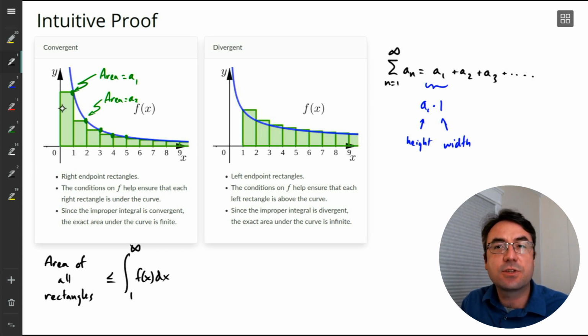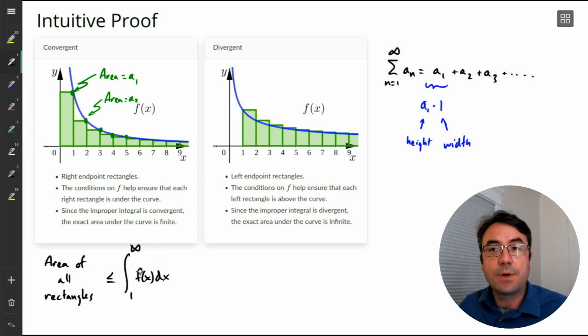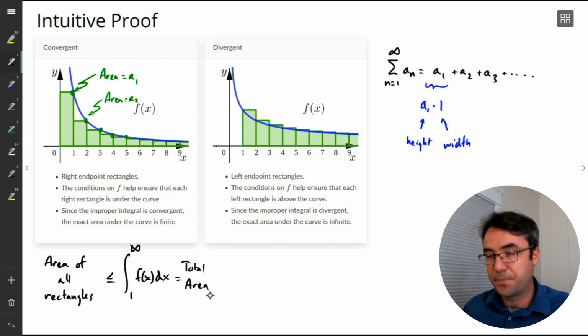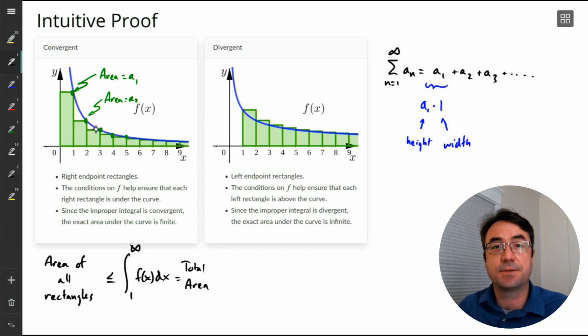Excluding that first rectangle, the area of all of those rectangles should be less than or equal to the improper integral, which represents the total area under the curve. So if the exact area under the curve is finite, well then the area for all those rectangles is finite. It means the sum exists. So the sum of this series would exist.